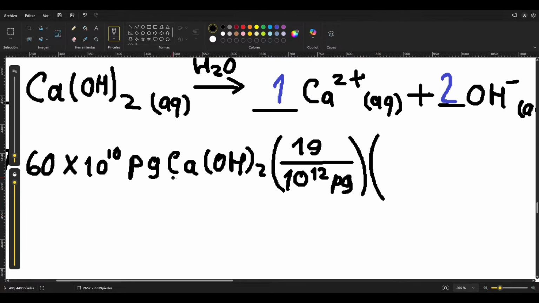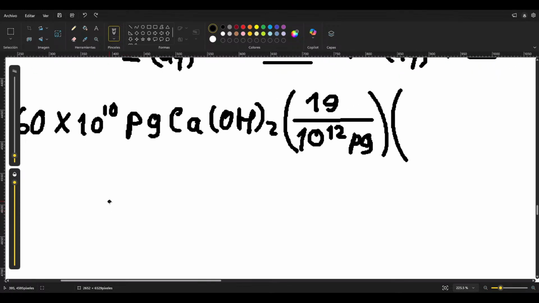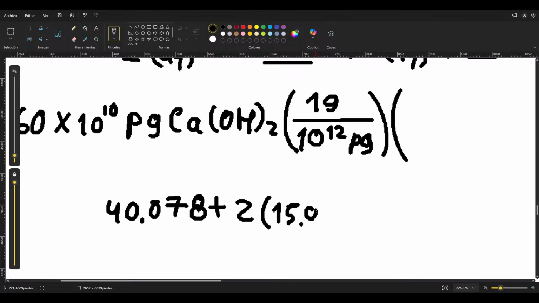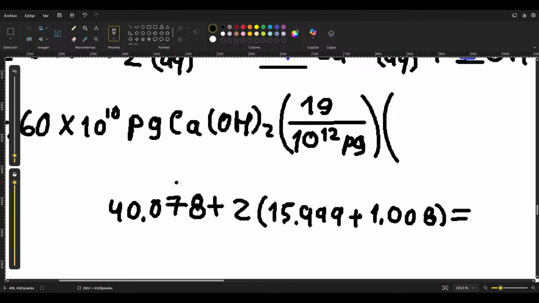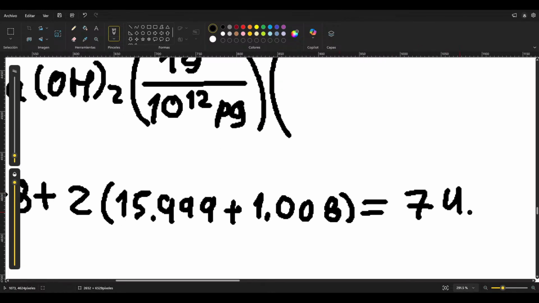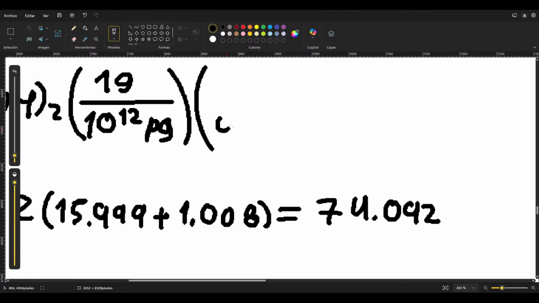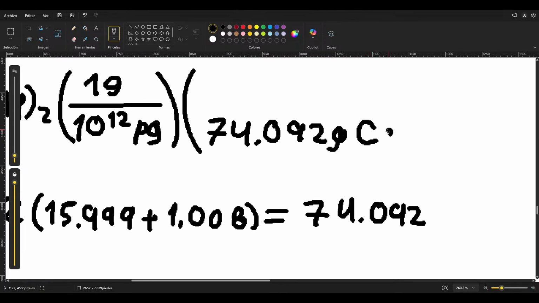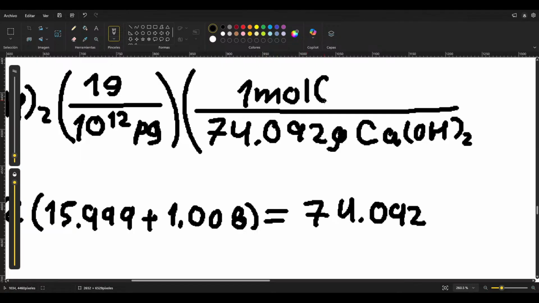And then we do the molar mass of this, which is like 40.078 plus 2 times 15.999 plus 1.008, which is like 74.092 grams of calcium hydroxide, and this is equal to 1 mole of calcium hydroxide.